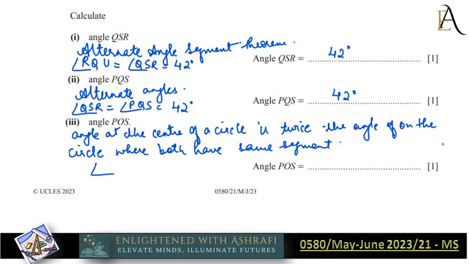So angle POS is 2 times angle PQS, which is equal to 2 times 42, so it is 84 degrees.